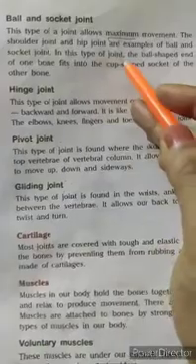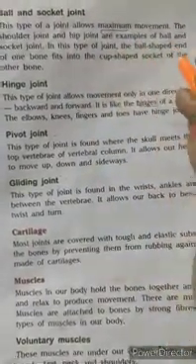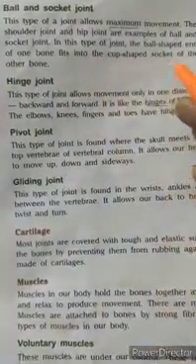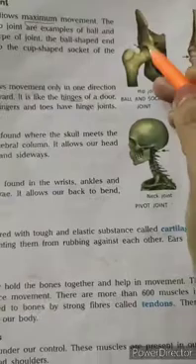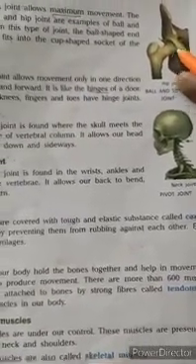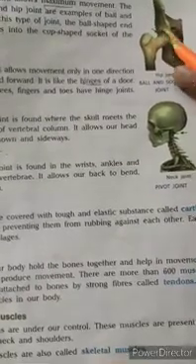In this type of joint, the ball-shaped end of one bone fits into the cup-shaped socket. As you can see over here in the diagram, here is the ball-shaped bone and here is a cup-shaped socket.